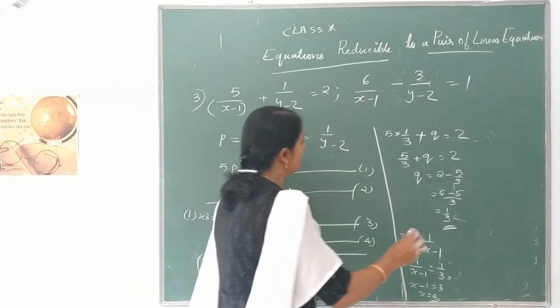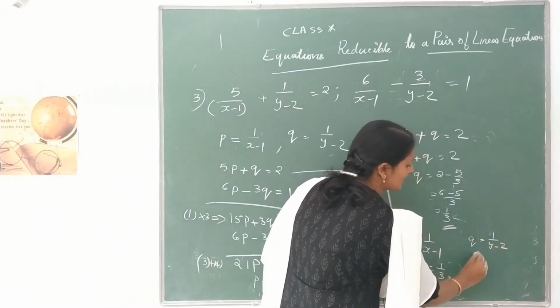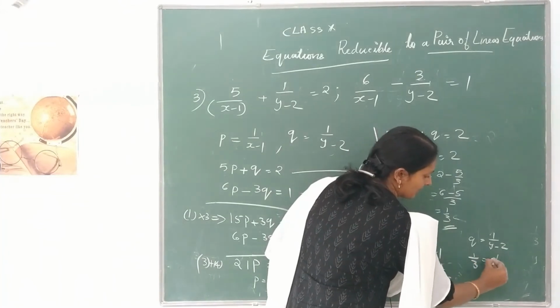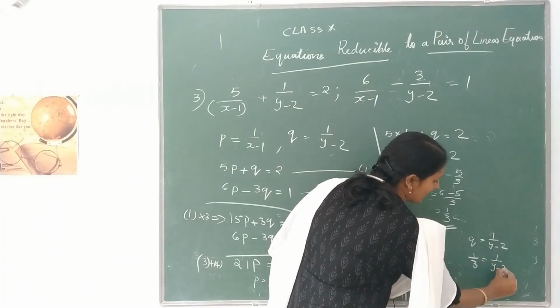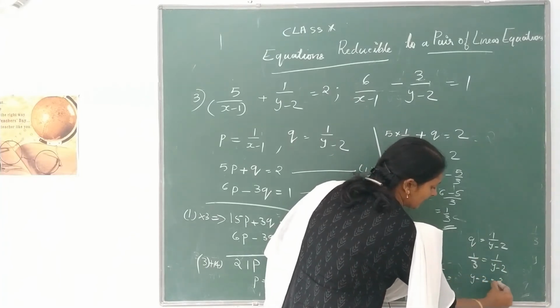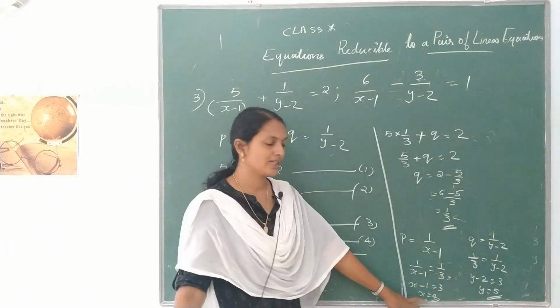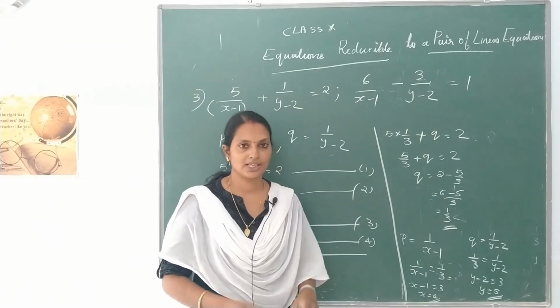Then Q is equal to 1 by y minus 2. That is 1 by 3 is equal to 1 by y minus 2. That is cross multiplying y minus 2 is equal to 3 and y is equal to 5. Therefore the solution x is equal to 4 and y is equal to 5.